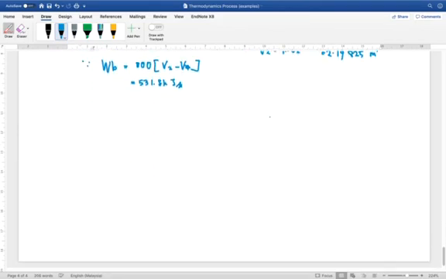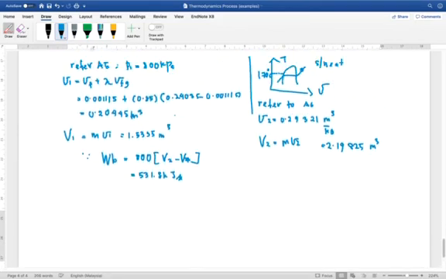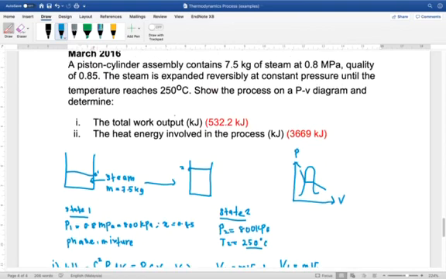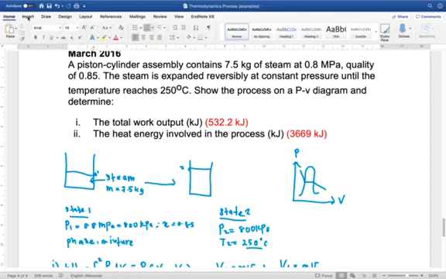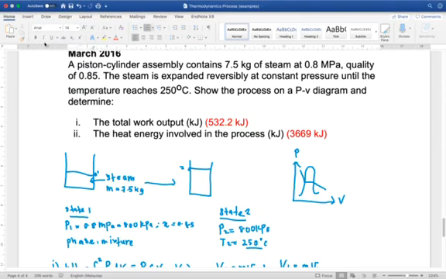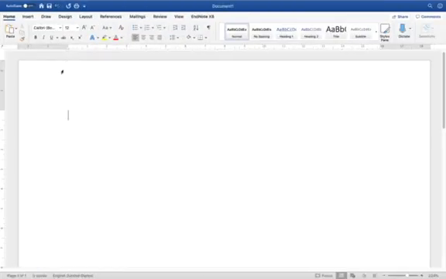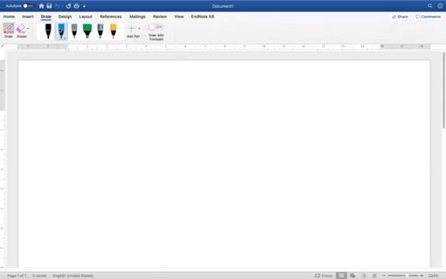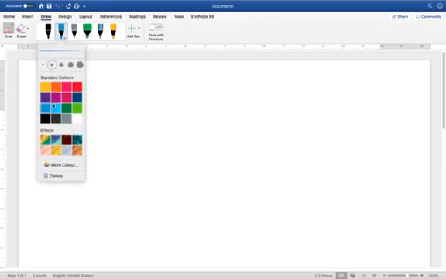To find the answer for the second question, the total heat involved in the process in kilojoule, we have a formula: the first law of thermodynamics for a closed system.